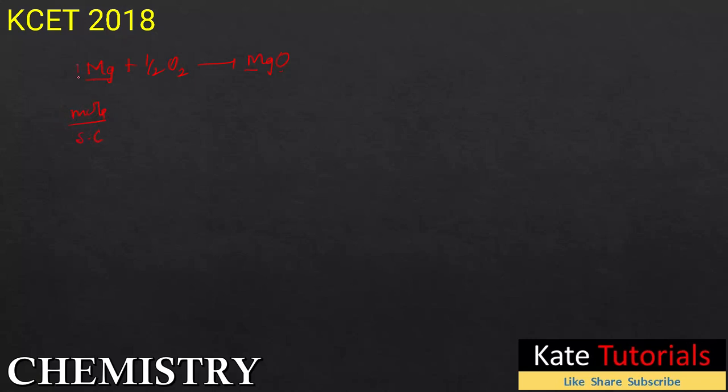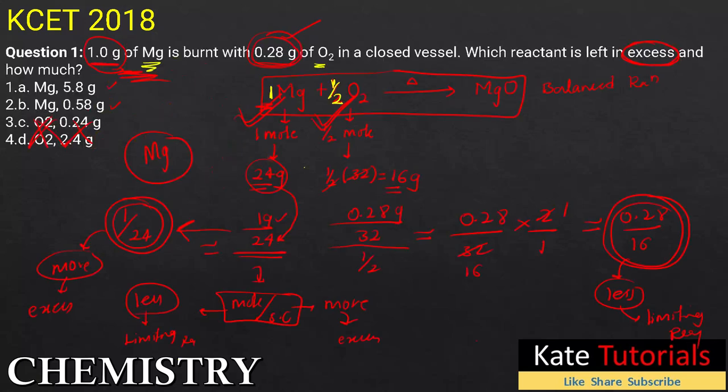The stoichiometric coefficient is 1 for magnesium, and for oxygen it is half. If its value is less, then that reagent will be limiting. If the value is more, then that reagent will be in excess. So we found that the excess metal was magnesium, whereas oxygen was limiting. They had asked for the excess, so magnesium is the excess.